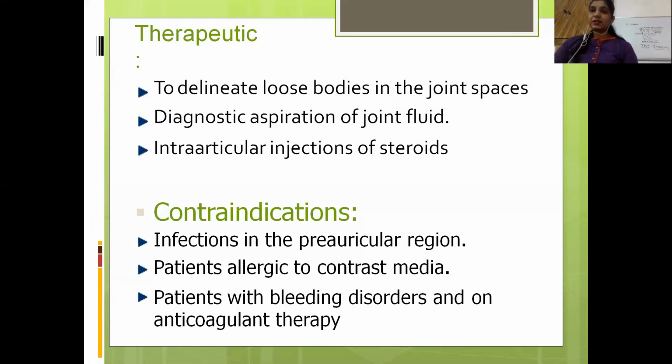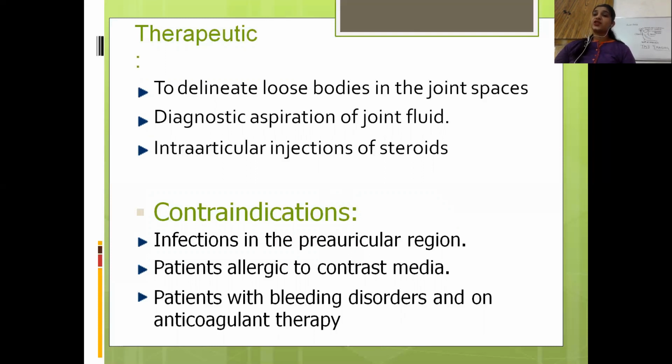So mostly it is used therapeutically, that is, to delineate loose bodies in the joint spaces, for diagnostic aspiration of joint fluids, and for intra-articular injections of steroid. Now, what are the contraindications? Infections in the periauricular region, then we should not perform this.